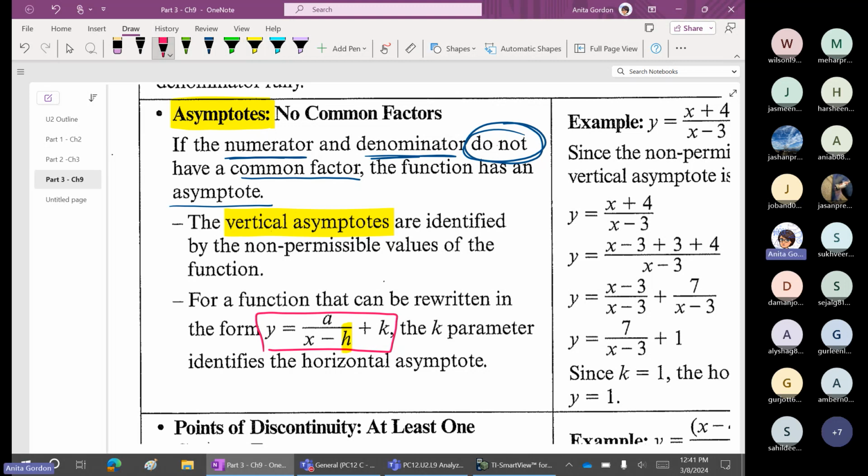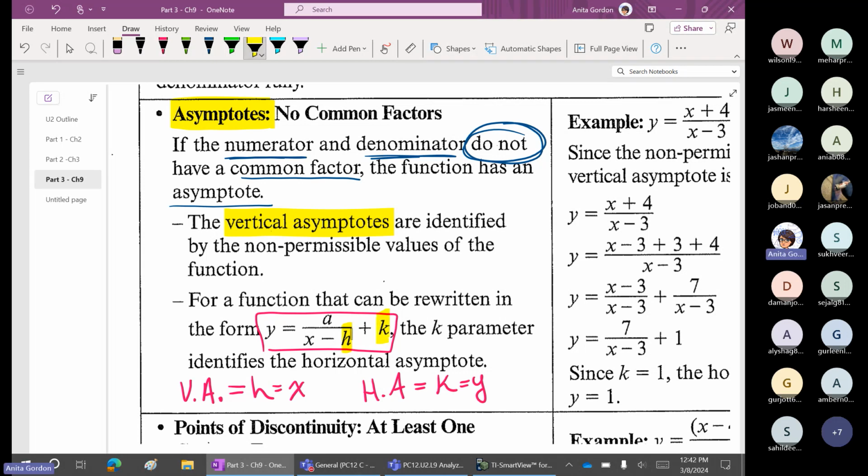Okay? Or sorry, vertical. Vertical asymptotes are at the point H, and horizontal asymptotes are at the point K. So where x equals h and y equals k.